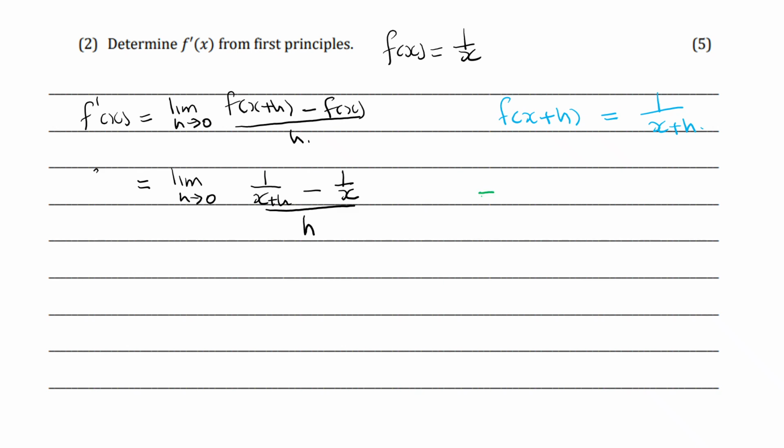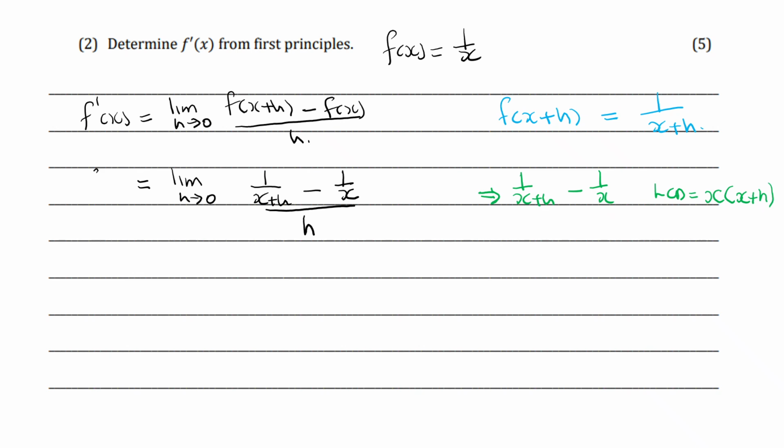So now look at this. I have 1 over x plus h. Then I subtract 1 over x. What is my LCD? The lowest common denominator is the product of my denominators. So it will be x multiplied by x plus h. I just multiply my denominators.